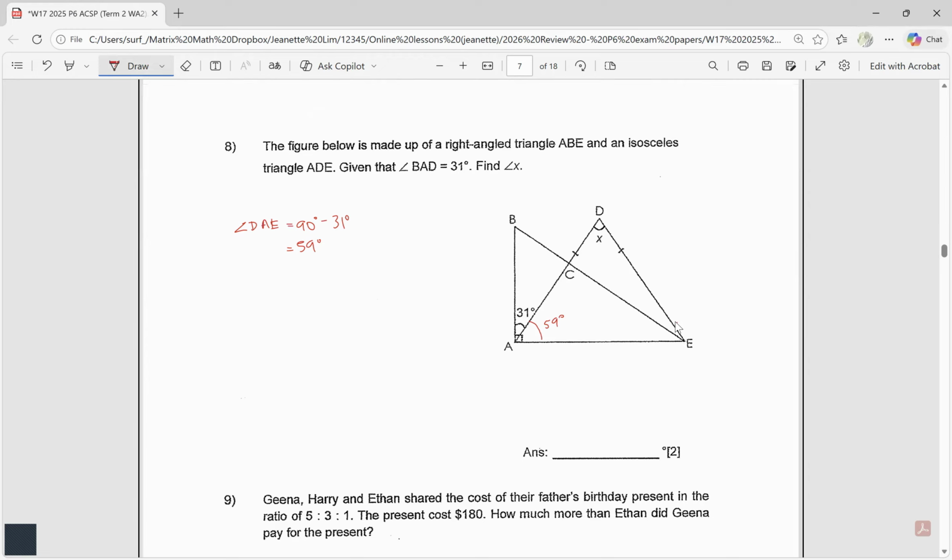And because this is isosceles, this would be 59 as well. So angle X, 180 minus 59, which is 62 degrees. Okay, so answer 62 degrees.